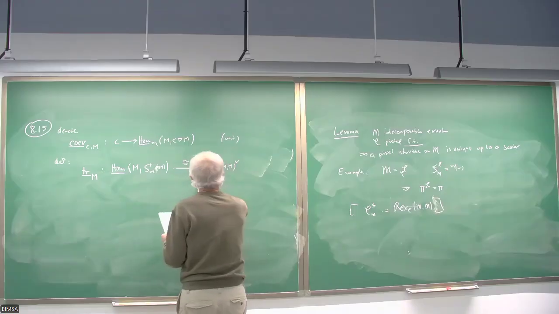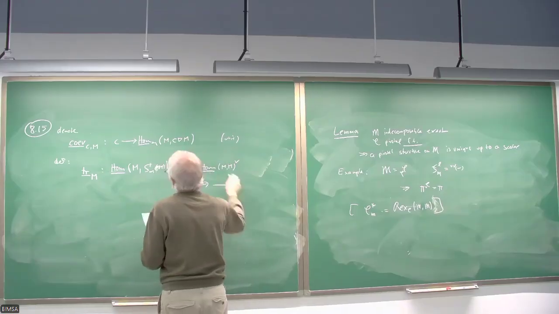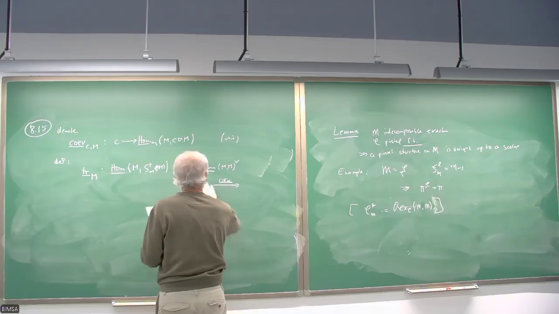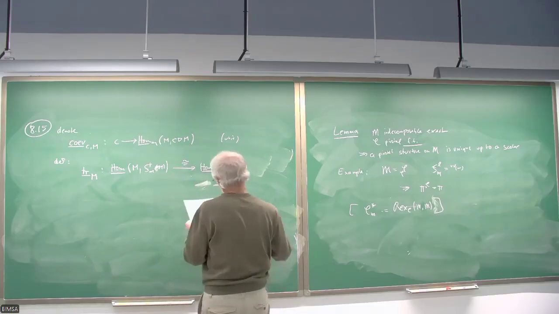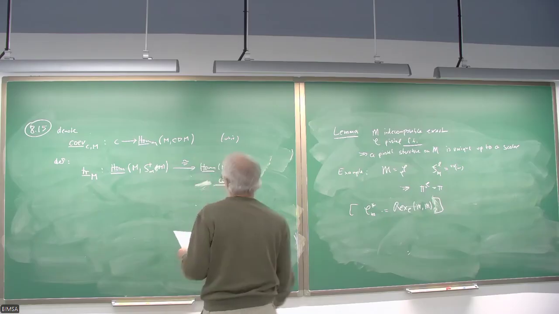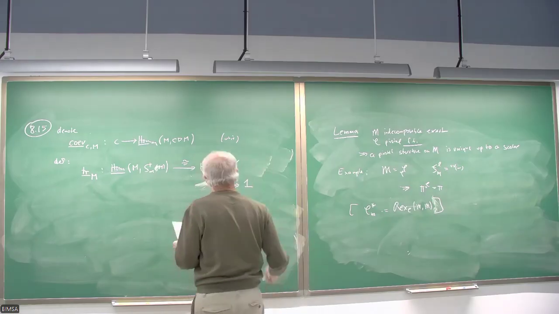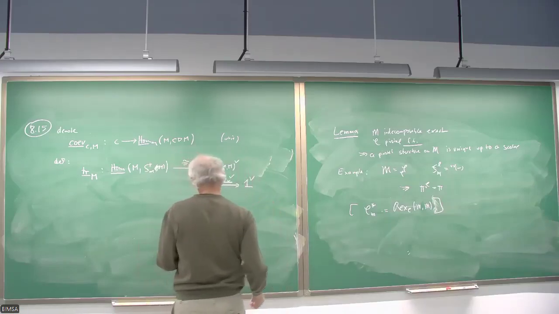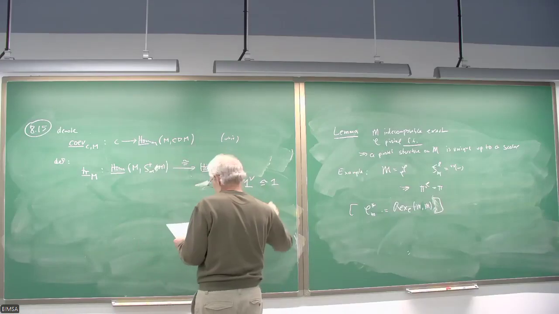Then we can use this co-evaluation to go to the dual of one, which is isomorphic to one.